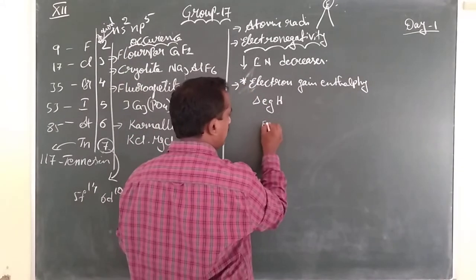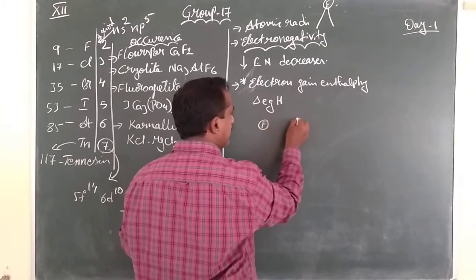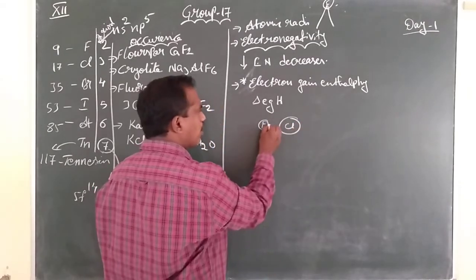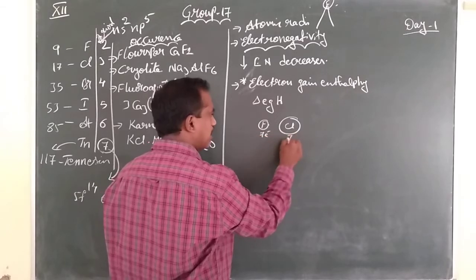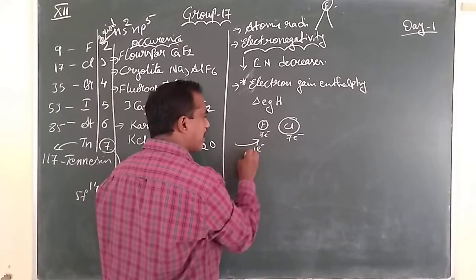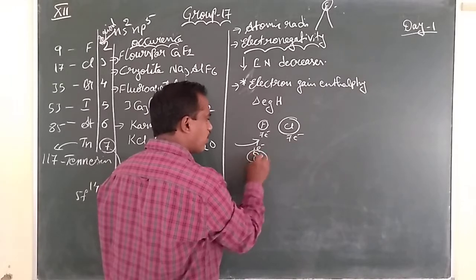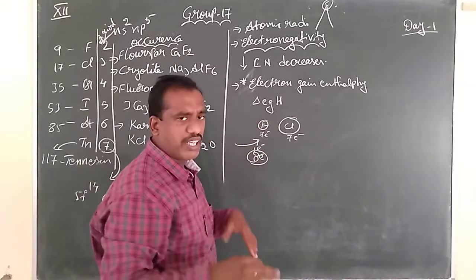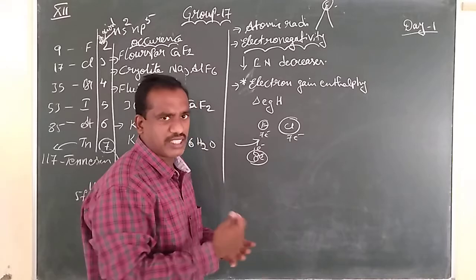see here fluorine is there, which is of very small size, and here is chlorine. Already 7 electrons are there. If one electron needs to come and join to make it an octet, these 7 electrons are very close to the nucleus. Already they are experiencing repulsion between each other.